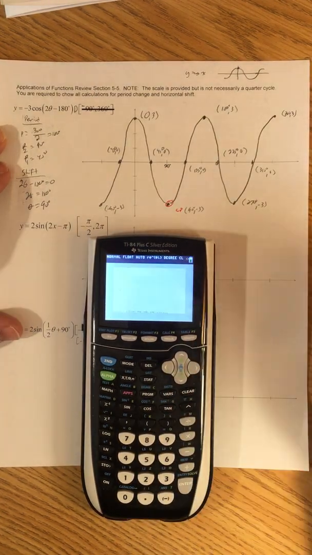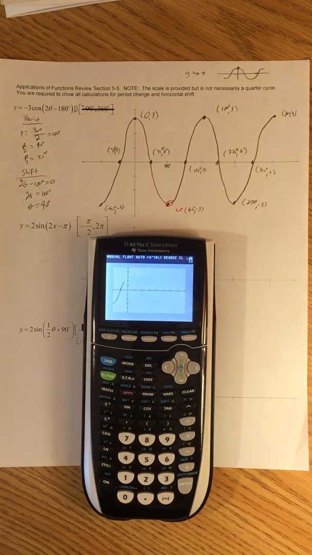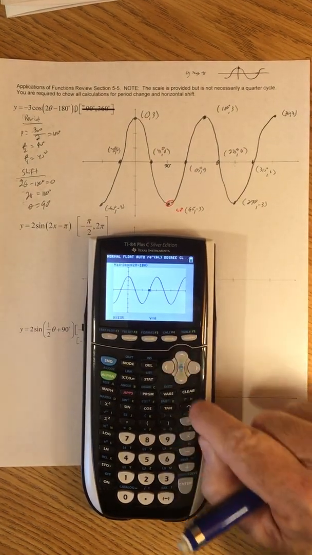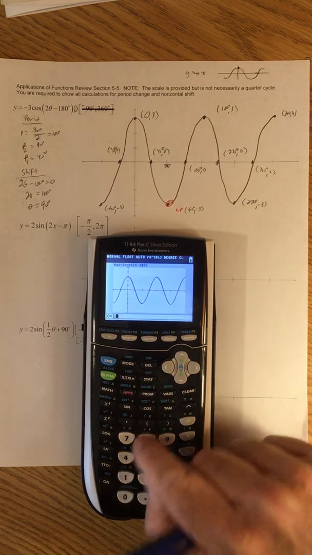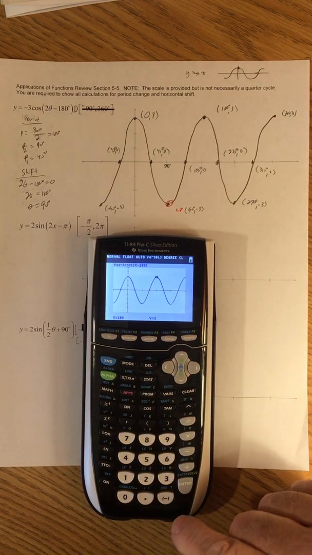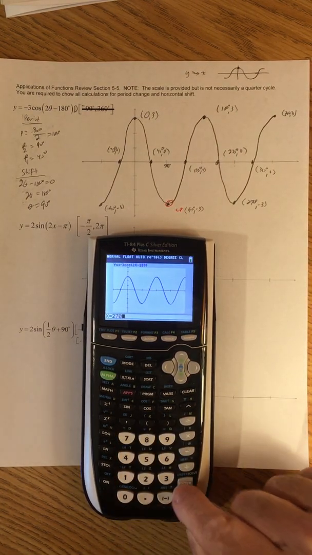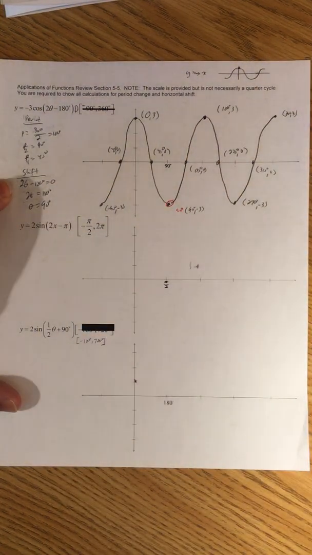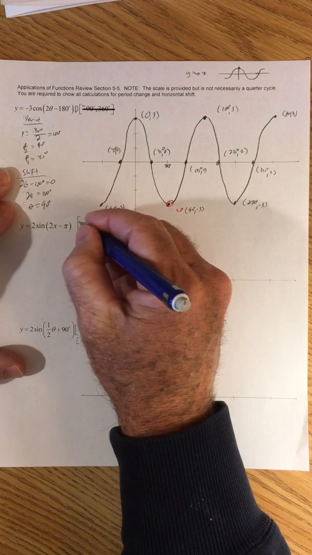And sometimes you do have to change your window a little bit. All right, put the trace on, check a couple points. Let's see, 180 should be up at the max, which it is. 270 should be down at the min. It is. Everything's good.